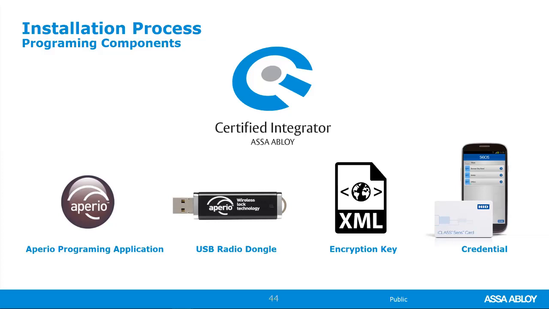The encryption key is an XML key that's specific for your site so that nobody else can come in and make any changes without your authorization. And then finally, they're going to need a credential. So whatever credential they're using on your facility, they're going to use that credential.